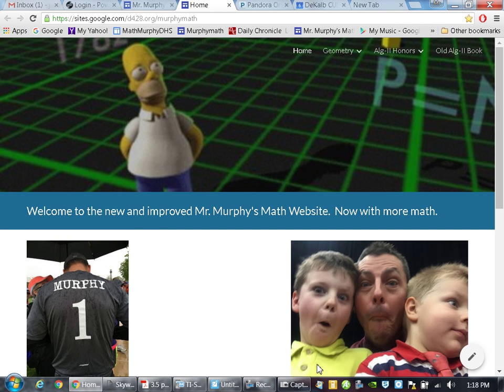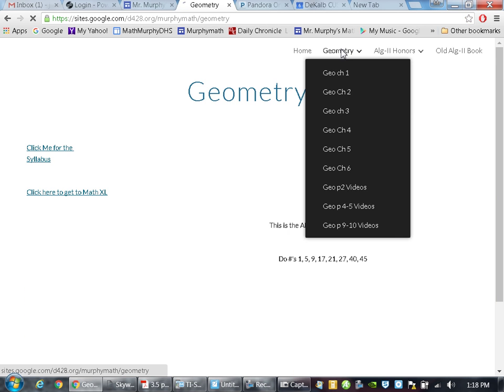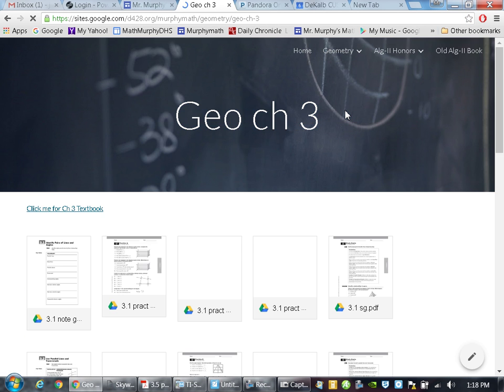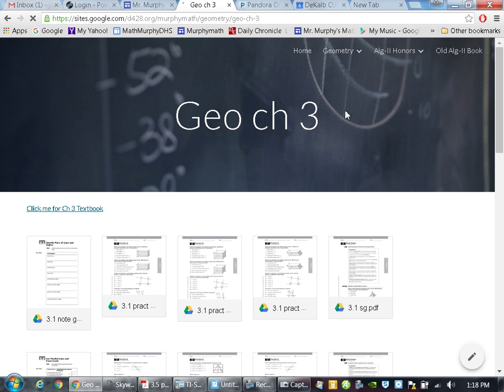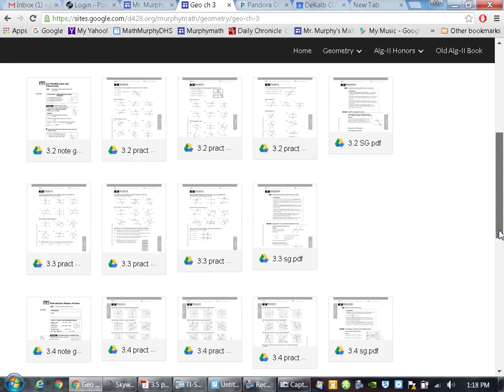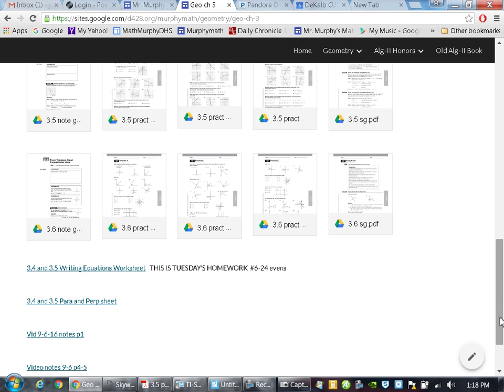So this sheet is under geometry, chapter 3. Then you scroll to the bottom. 3.4, 3.5 writing equations. This is Tuesday's homework. I try to make it pretty obvious where it was.